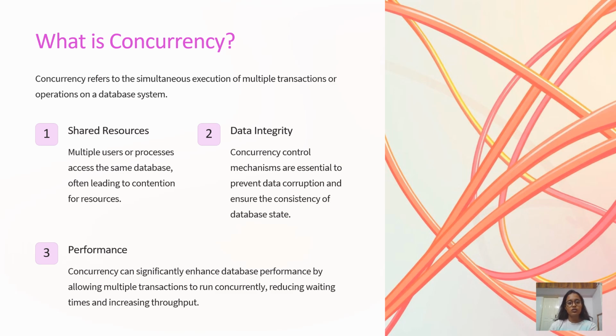However, concurrency also introduces challenges like ensuring data consistency and managing the dependencies among transactions. Effective concurrency management is very much critical for handling the high demands of modern, multi-user database environments, and also balancing performance and data integrity.